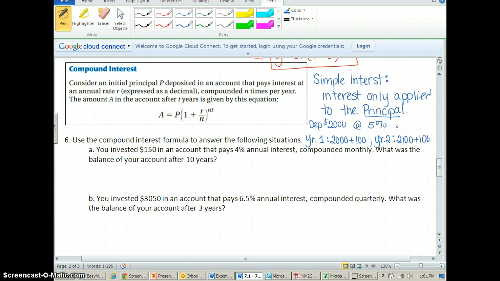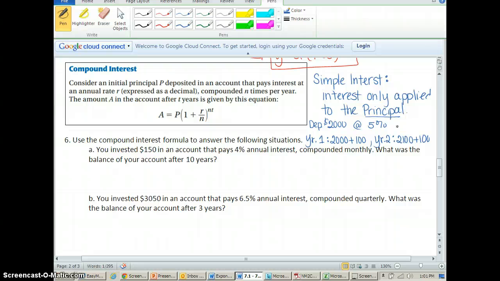And then I'm going to get a new balance. And the next time I do the 5%, it's going to be of that new balance. That's the difference between compound interest and simple interest. For a savings account, compound interest is great, because you're getting interest on your interest also. But for like a credit card, compound interest is not good because you're getting charged more the longer you let that money sit there on your credit card balance.